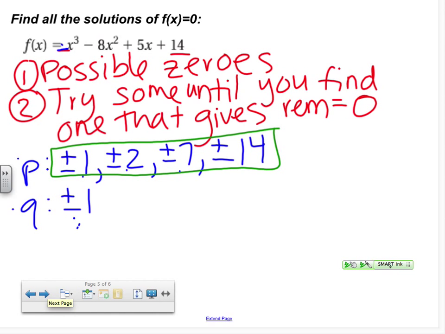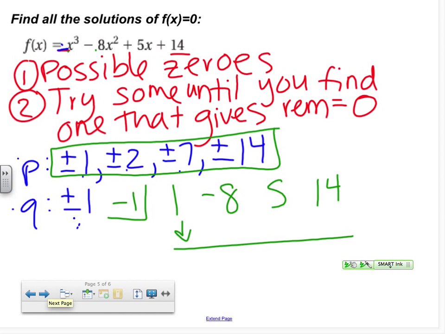Okay, now I'm going to plug in. I'm going to try -1 right away, and I'm going to look at my coefficients of my polynomial. So I have 1, -8, 5, and 14, and make sure you're checking for those holes.